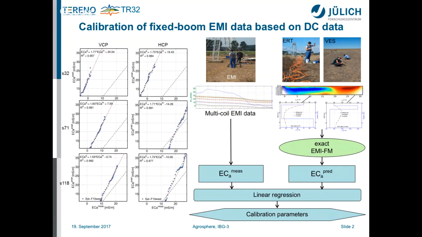So this is then inserted in our EMI forward model, and we are able to predict apparent electrical conductivity, so the quantity or the value that the EMI instrument actually measures.